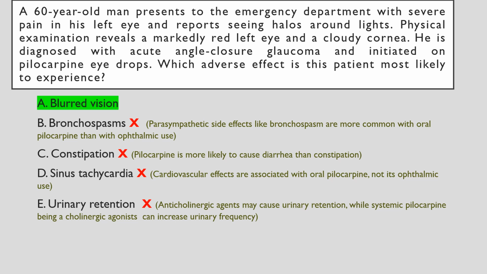Option E is incorrect because urinary retention can occur with anticholinergic agents, whereas systemic pilocarpine, being a cholinergic agonist, can increase urinary frequency.